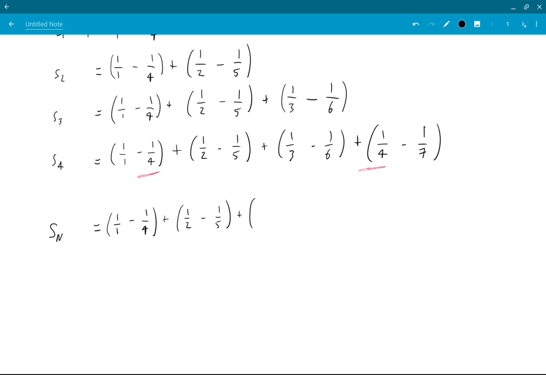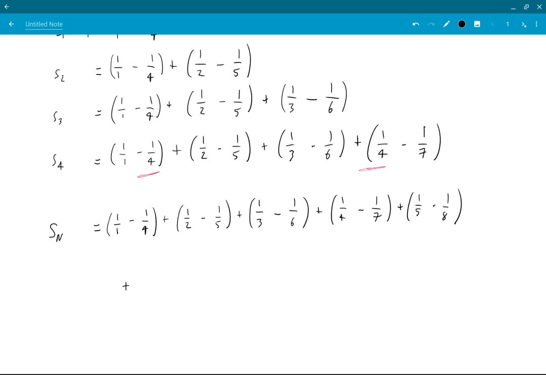So I'll write 4 or 5 terms. Let's do one more for now. 1 over 5 minus 1 over 8.